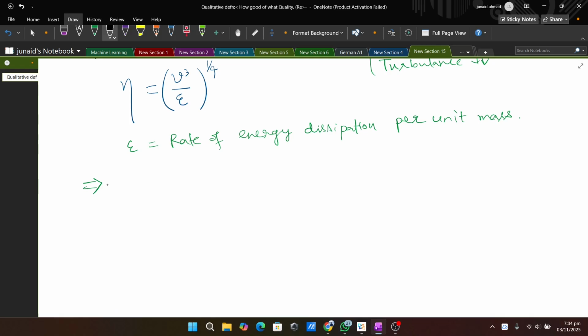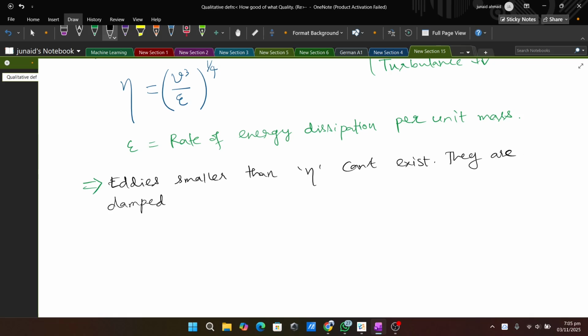So I can write that eddies smaller than the Kolmogorov microscale cannot exist. They are damped instantly by the viscosity.